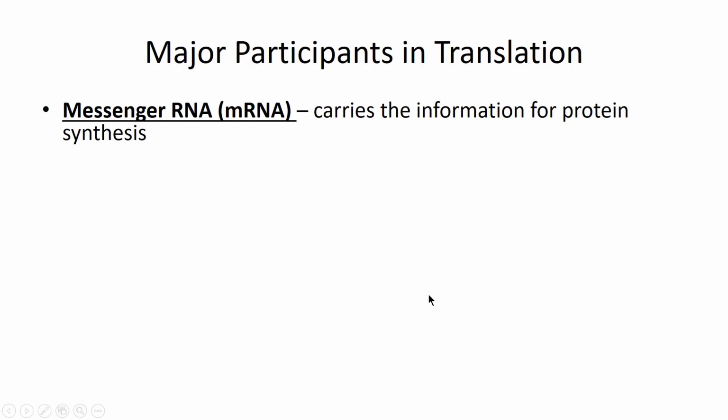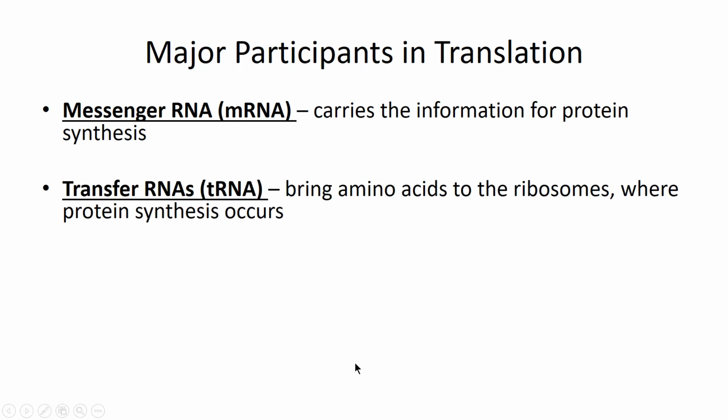The major participants in translation are the product of transcription, first and foremost, the messenger RNA. So that's essentially the product of transcription, and now one of the beginning points for translation. The next are called transfer RNAs, tRNAs. And the name implies what they do, so they transfer. What do they transfer? They transfer amino acids. So this is essentially the workers of the translation process.